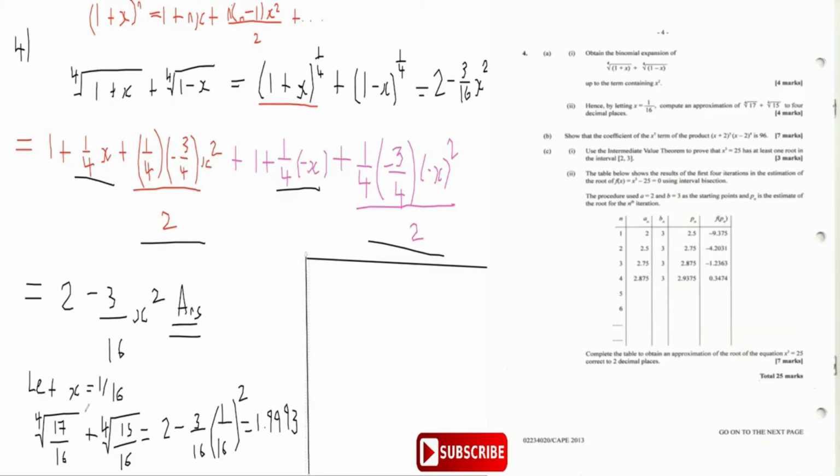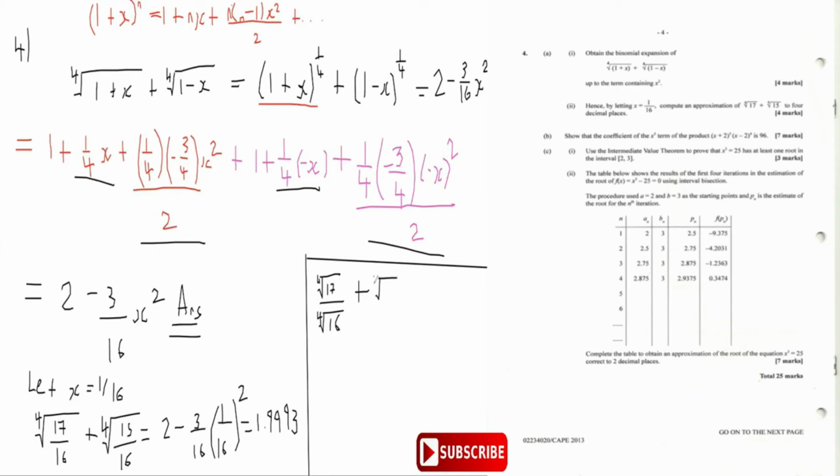Now look what I'm going to do. Right here, we have the square root of 17 over 16. The square root of 17 over 16 can be written as the square root of 17 over the square root of 16. All I did was separate it. Plus, we can do the same for here.